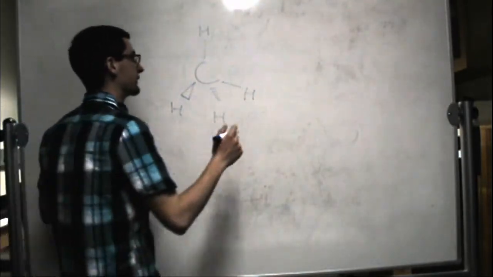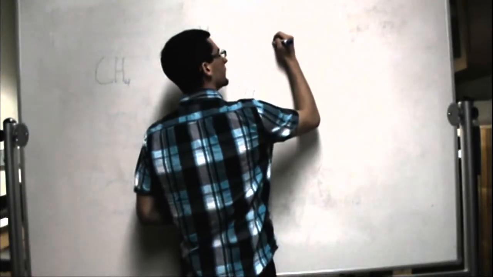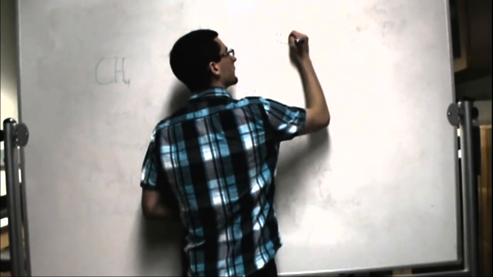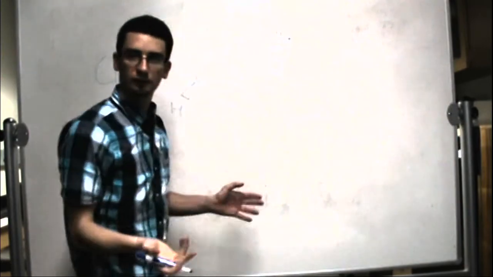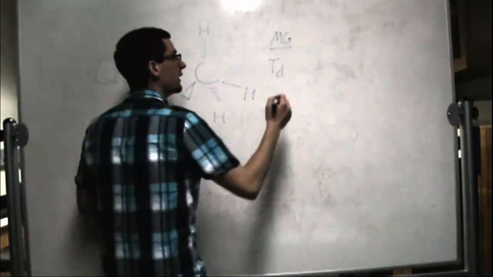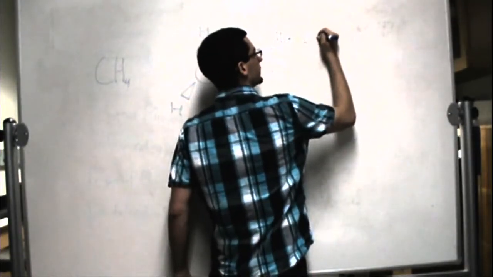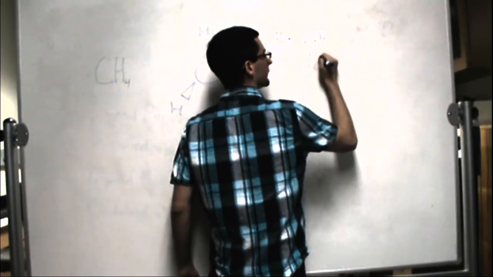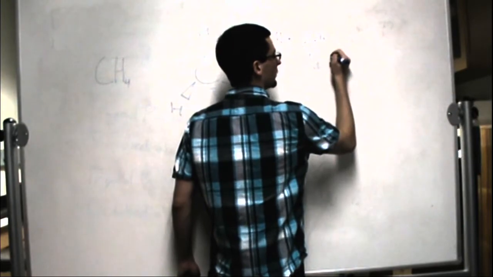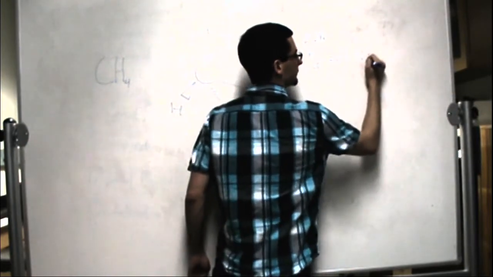So the molecular geometry is tetrahedral, also shortened to TD. The electron domain geometry is also TD. So what that means is we have an sp3 hybridized system.